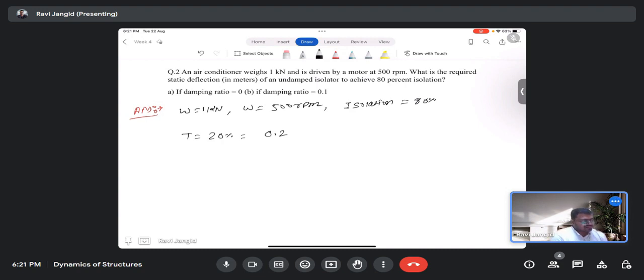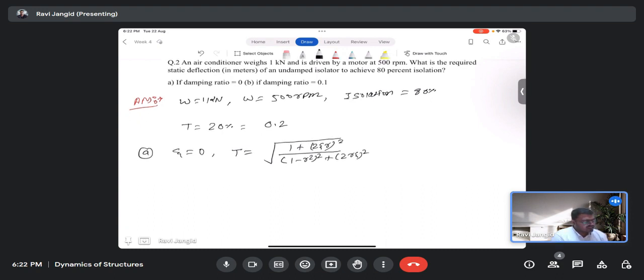I have given two cases. In case 1, the damping ratio is 0. So what is my transmissibility? It is 1 plus (2rζ) square divided by (1 minus r square) whole square plus (2rζ) square.